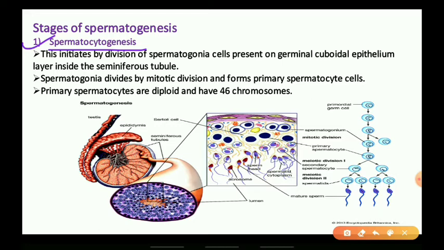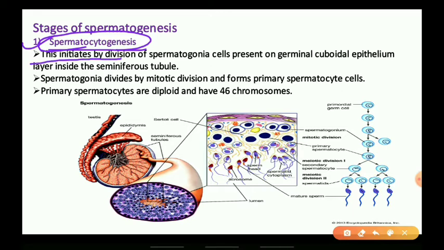Cyto means cells, genesis means formation, and sperms are the gametes. So when the formation, the synthesis of the sperm cell takes place, it is called spermatocytogenesis.